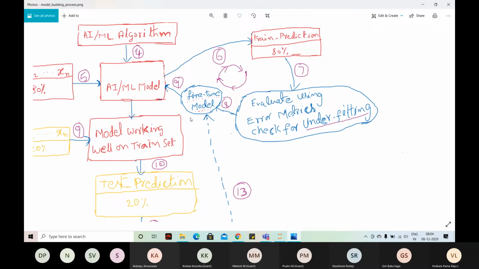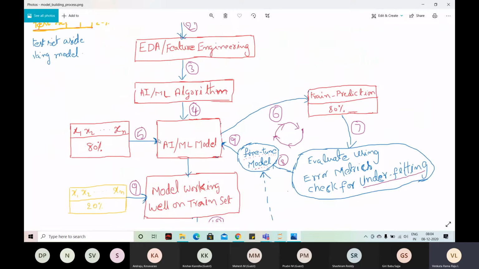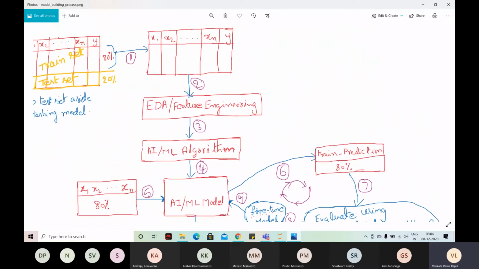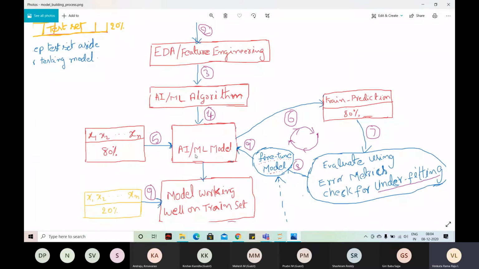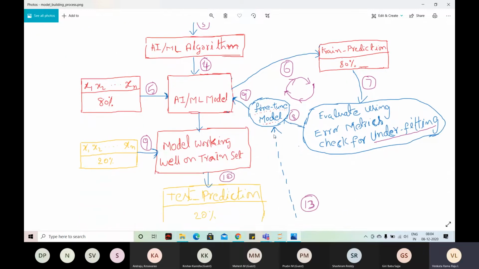Yes, sir. Okay. So evaluate using the error matrix. Check for underfitting: is the model working well on the train set or not? This is a controlled environment. We try to build a model and test it in the controlled environment itself, with controlled, limited data. Even there, if it is not working well, then it is underfitted.